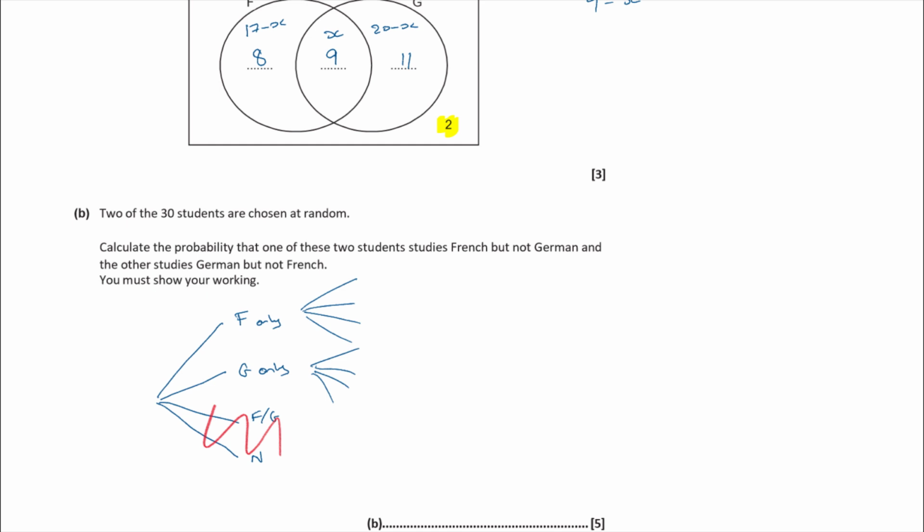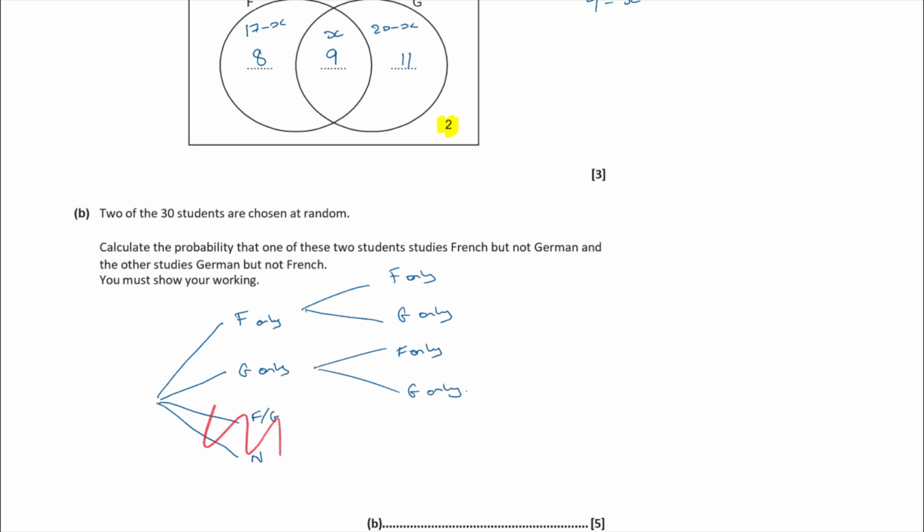I'm just interested in the French only and the German only branches, and then after that I'm only interested in the 2 branches of the things I'm going to look at. Okay, so again, French only and German only, and French only and German only here.